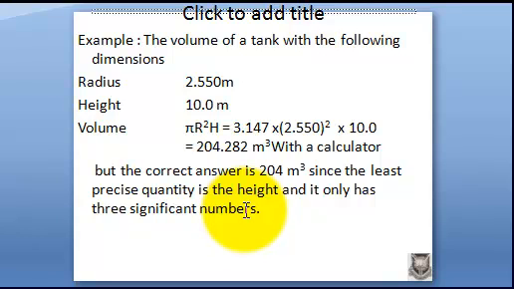Therefore, the result from any mathematical manipulation cannot be more precise or better than that of the initial measurement. The correct answer has to be corrected to the least precise quantity in the calculation.